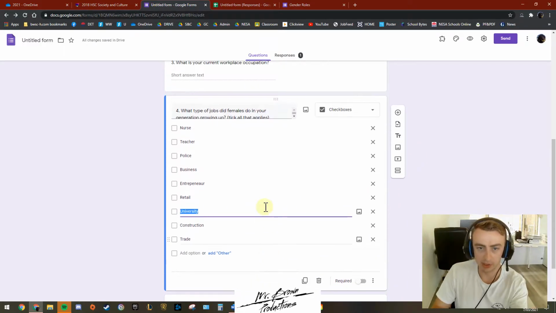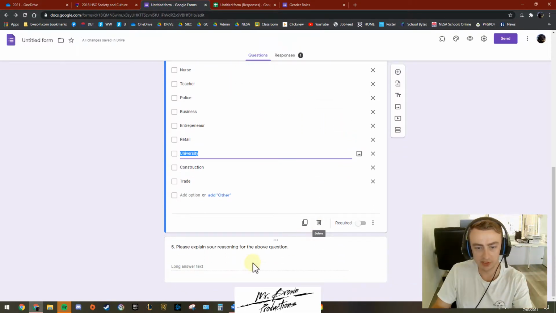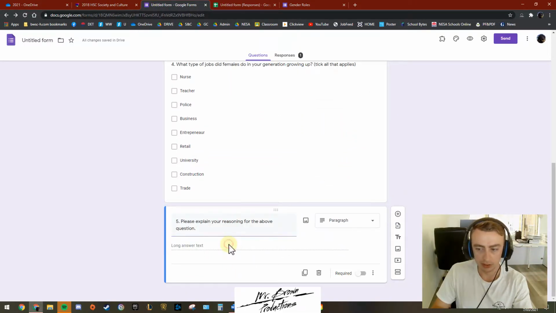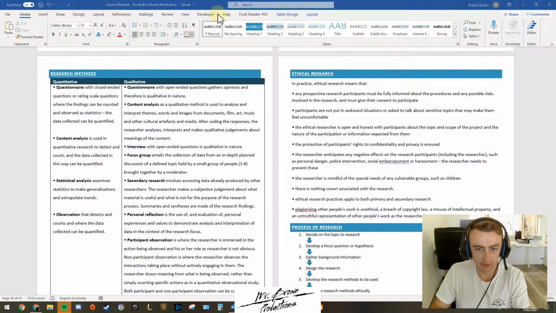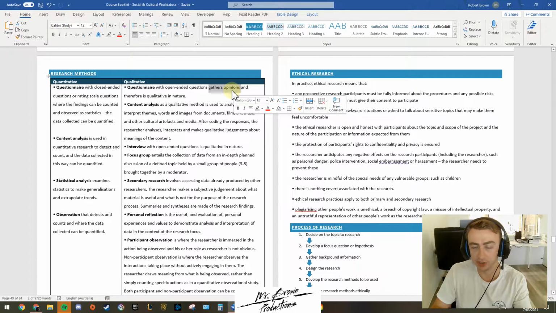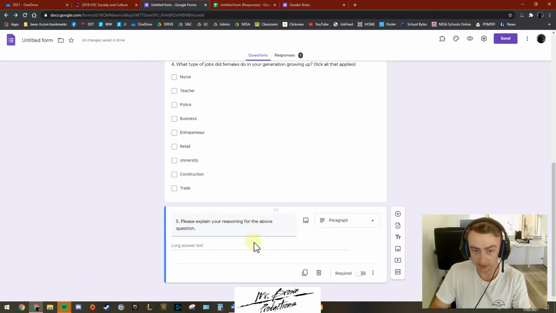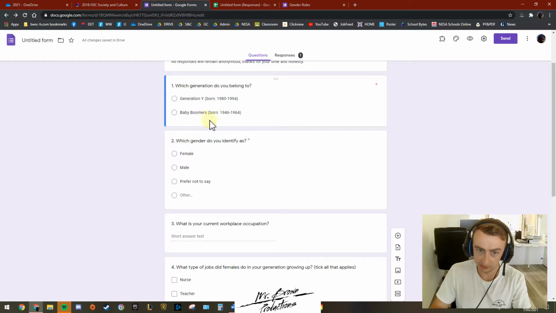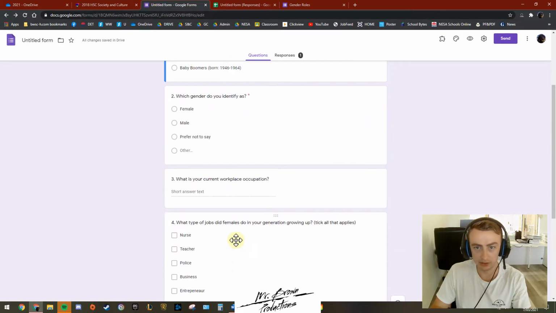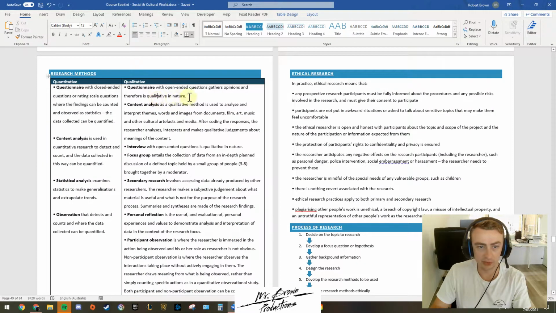I'm asking them to explain why they selected what jobs females did. And so that is an example there of the qualitative nature of a questionnaire, where you're gathering people's opinions and their subjective experiences or thoughts on something. So that's why a questionnaire is both, because it can collect both types of data, both quantitative up here and qualitative down here.